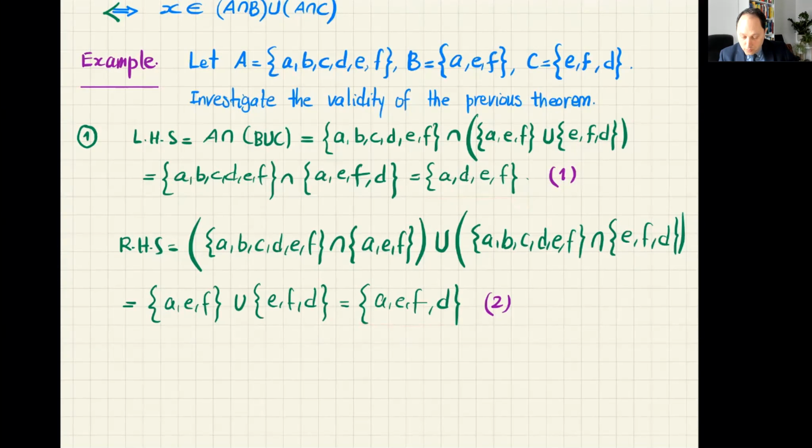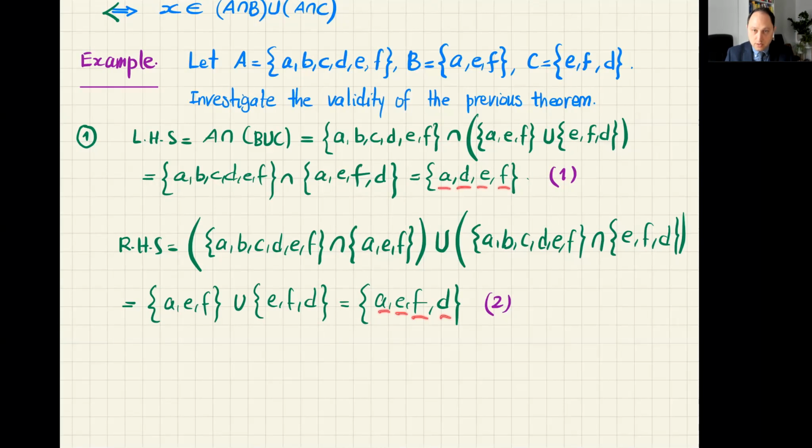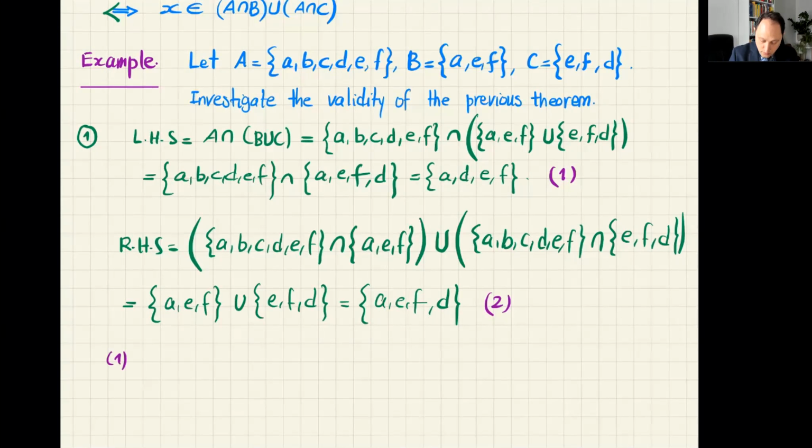And I told you that, of course, the order is not important when it comes to equality of sets. So A, E, F, D, A, E, F, D. These are the only elements. So I would say that from 1 and 2, one can conclude that the left-hand side is equal to the right-hand side. So that is also one type of example that you see in the book.